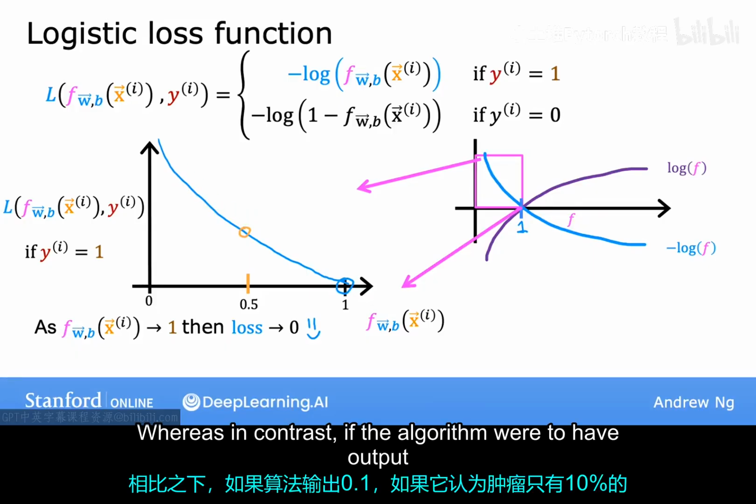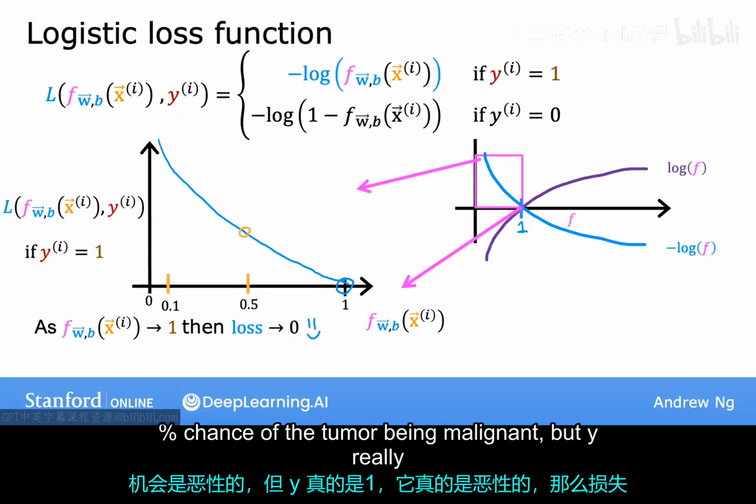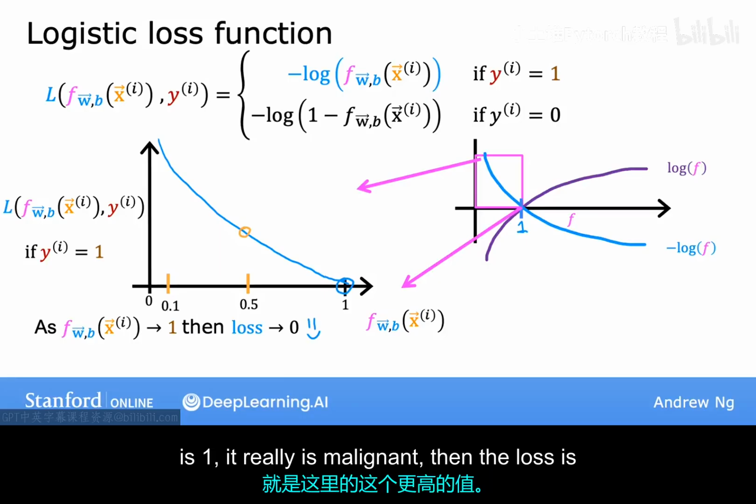Whereas in contrast, if the algorithm were to have output 0.1, if it thinks that there's only a 10% chance of the tumor being malignant, but y really is 1, it really is malignant, then the loss is this much higher value over here.